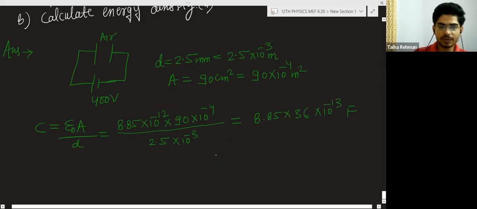And we have to calculate the energy, capital U, in the first case. U is equal to half CV square. We have a formula.